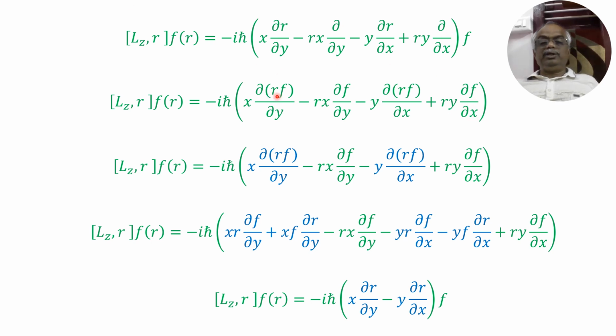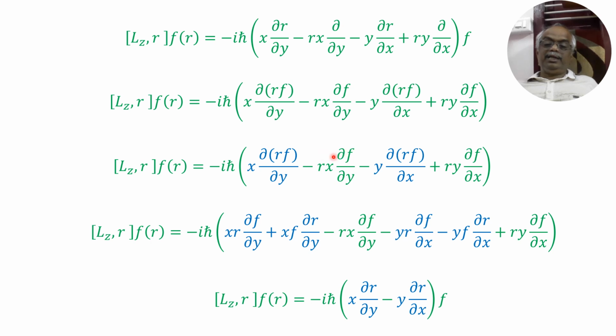Now you differentiate this r f. You are going to differentiate r f, here one r f and here one r f. What you will get is, first you keep r as it is and differentiate f.